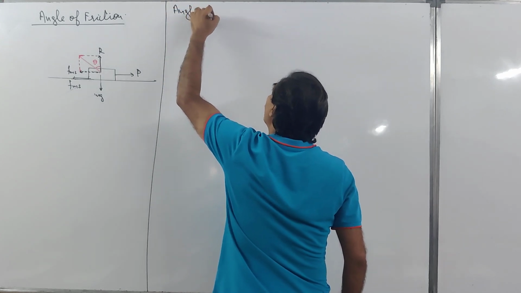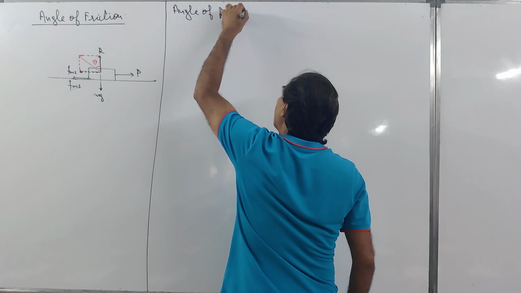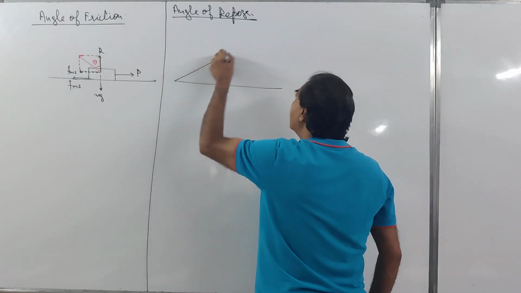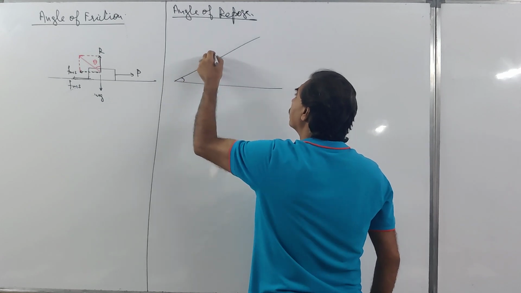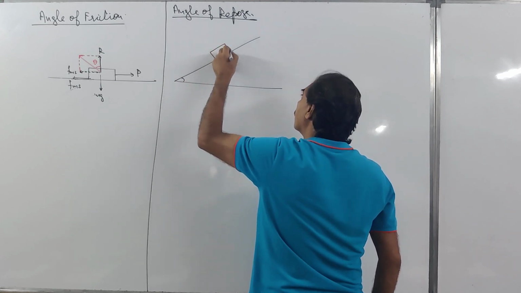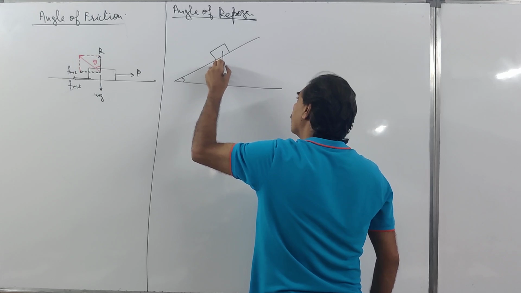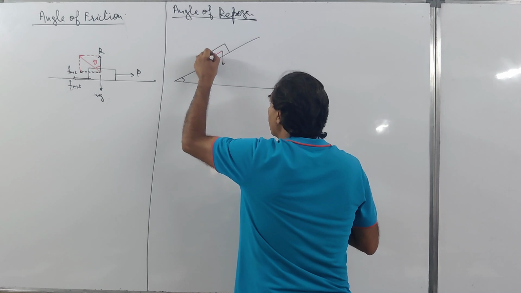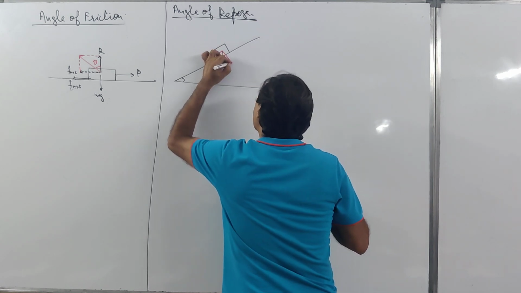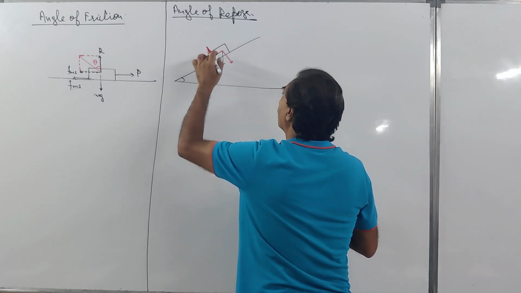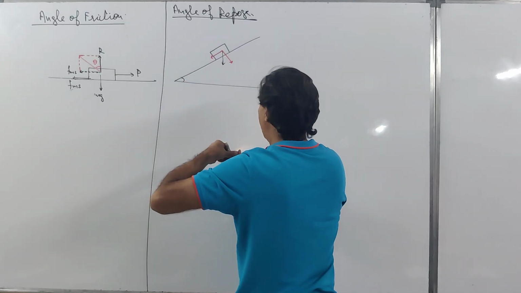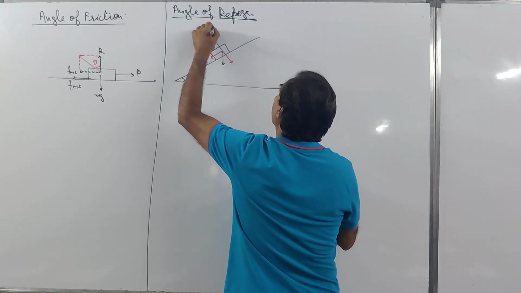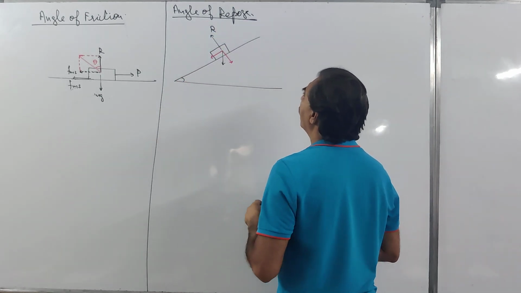Angle of repose. एक ऑब्जेक्ट इंक्लाइन प्लेन में पड़ा, दो कंपोनेंट बनाए इसके, और ये रहा जी नॉर्मल रिएक्शन.